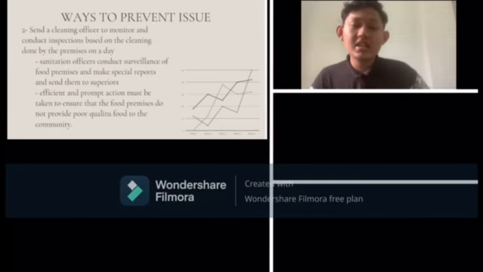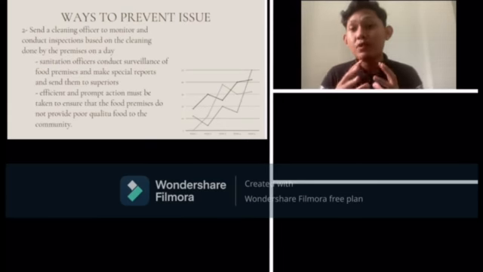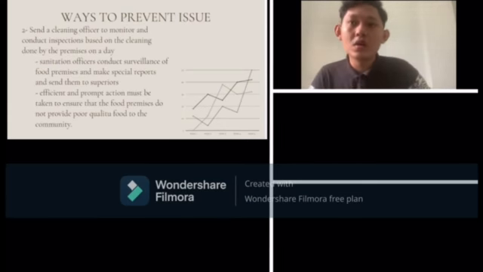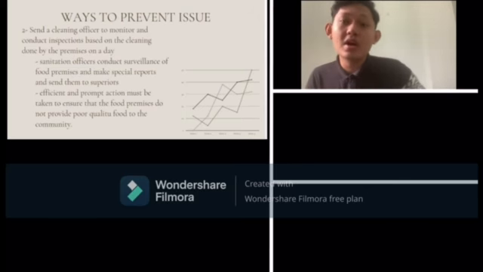Next, the second issue presented is poor hygiene practice by holders of the Malaysia Halal certificate. Among the solutions that can be taken is to send a cleaning officer to monitor and conduct inspection of the cleaning done by the premise on a daily basis.